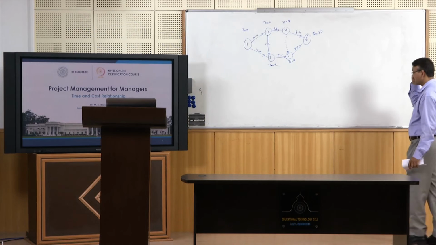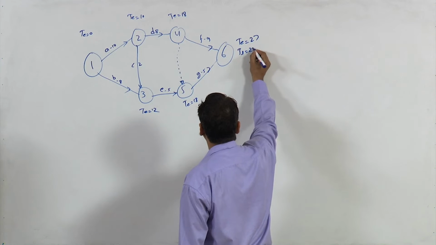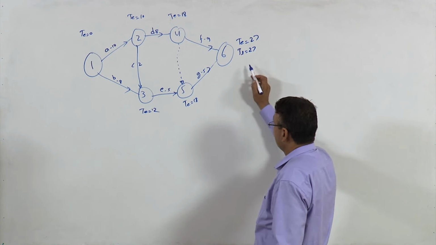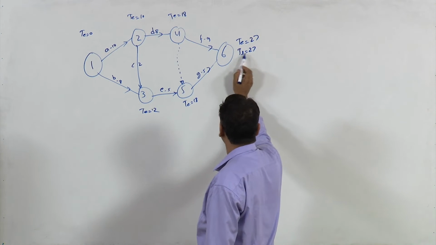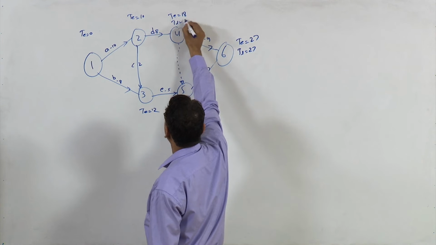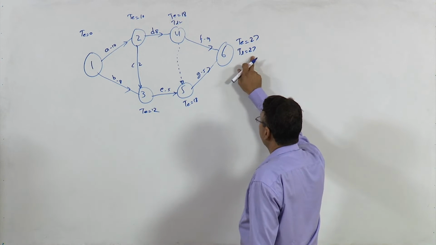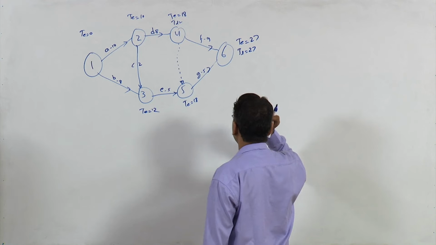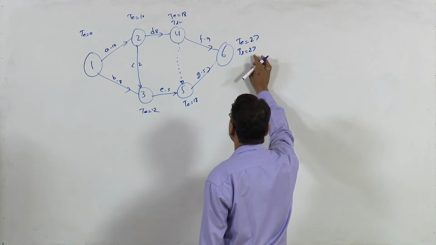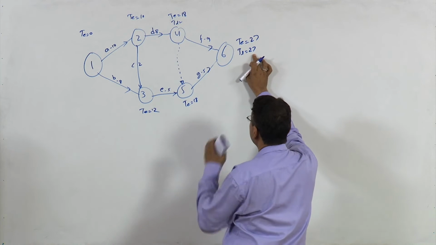Let us look at what are the values of TLs. TL is 27 at this node. Here TL is 27 minus 9, so this is 18.